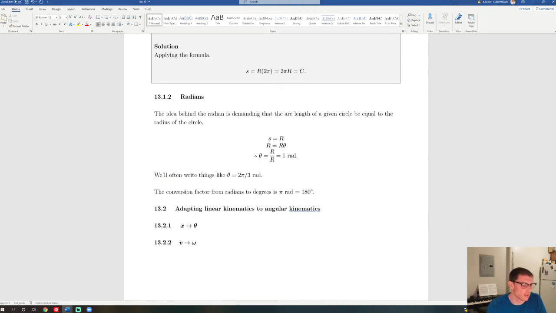So that's that, right? So now I want to begin by reminding you what the linear kinematics equations look like, right? I'm just going to copy and paste those, because I think by now we're all pretty familiar with these.